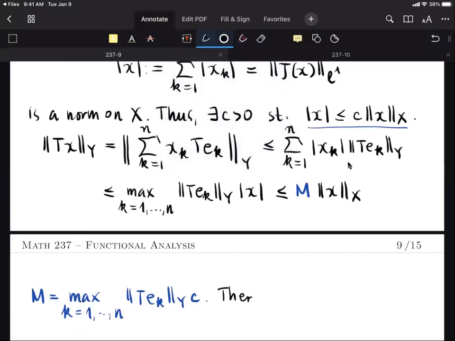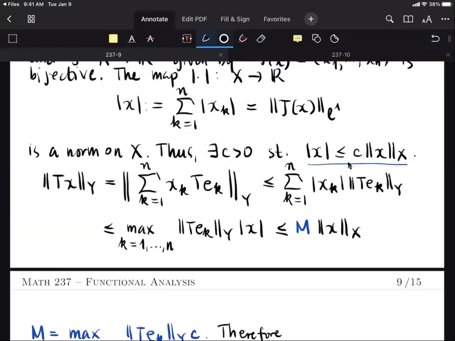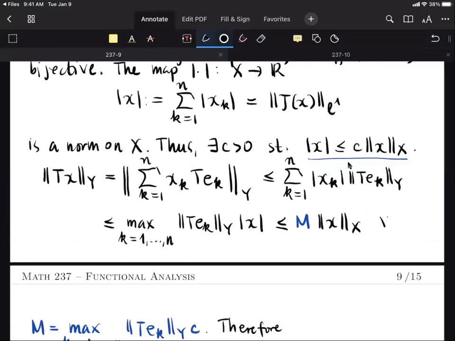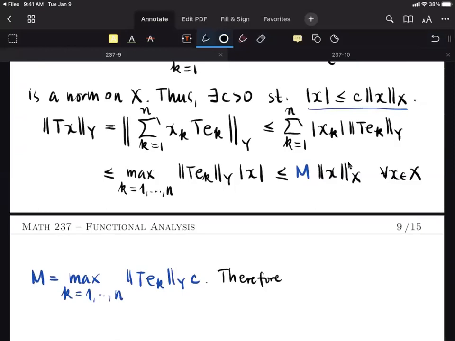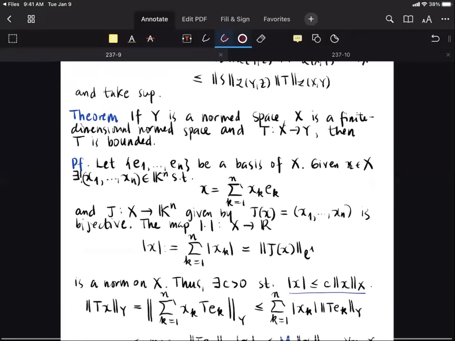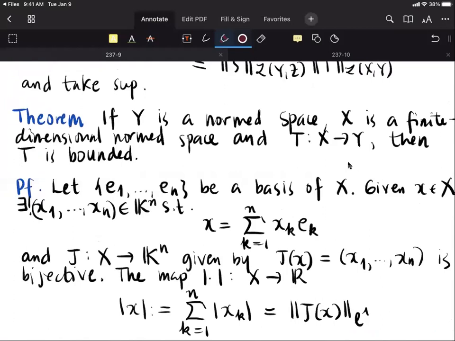And according to the definition, since x is an arbitrary element, this implies that T is bounded. So all linear operators defined on a finite dimensional space are necessarily bounded.